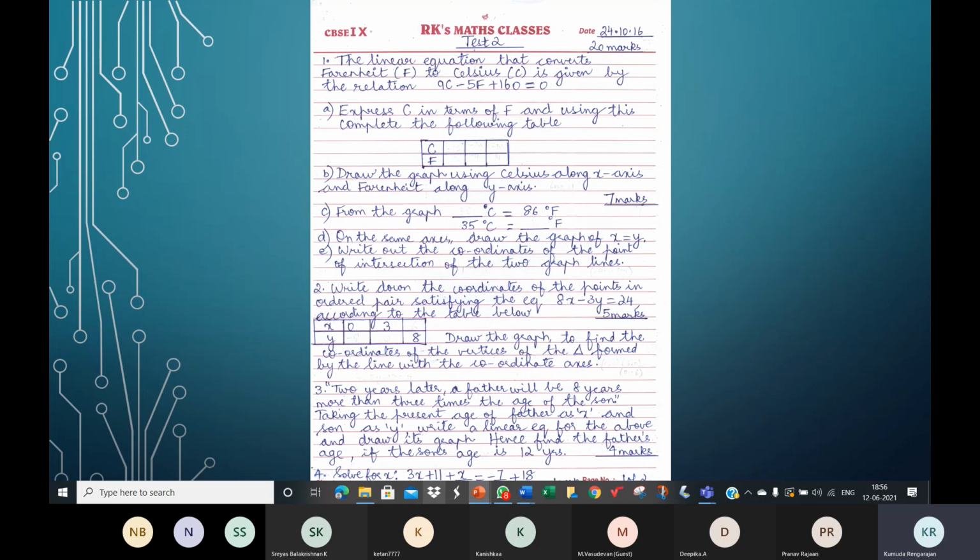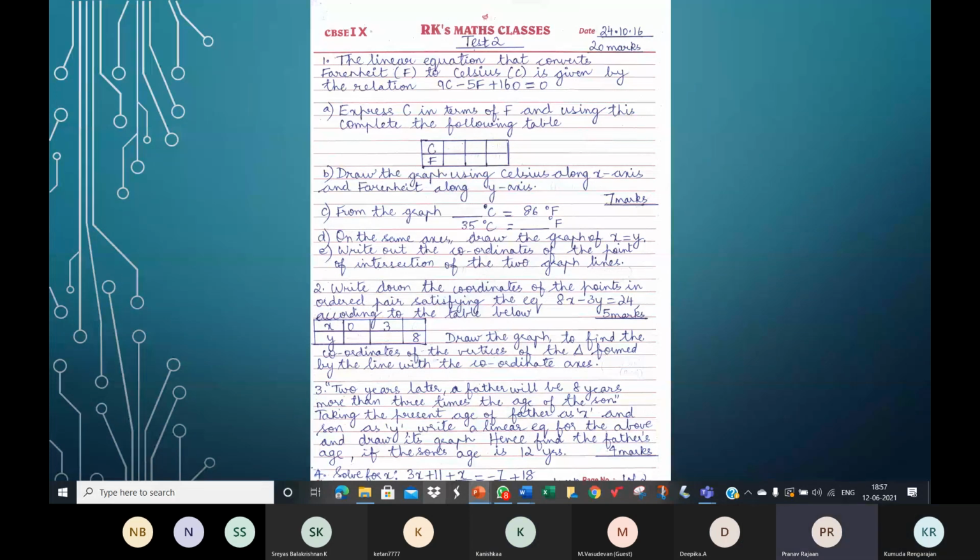What is given? Father will be, 2 years later, that is x plus 2, is equal to 8 years more than. So in the end, x plus 2 is equal to plus 8. You must write it in the end. 8 more than what? 8 more than 3 times the age of the son. 3 times, meaning 3 into y, 3y, ma'am.